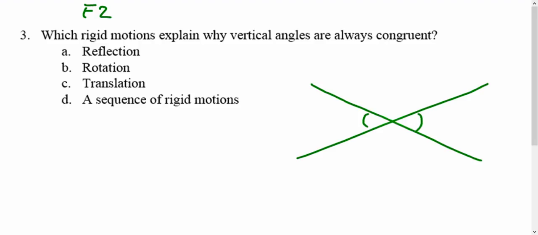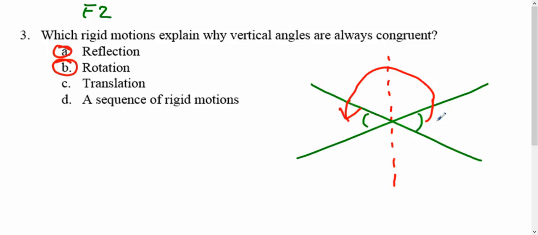So we're looking for rigid motions that explain why they are congruent. Well, first of all, we can reflect them over a line that cuts straight through the center like that. So that works. You can also rotate 180 degrees. That would map it onto itself.